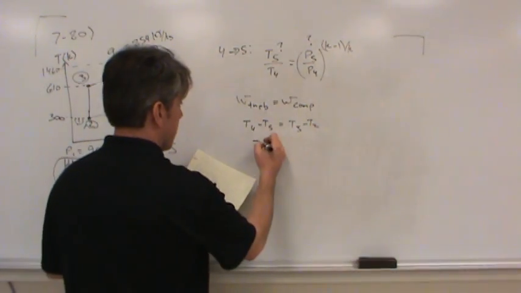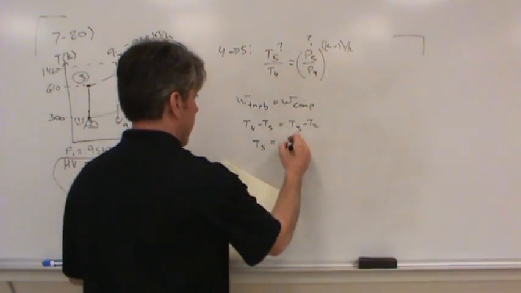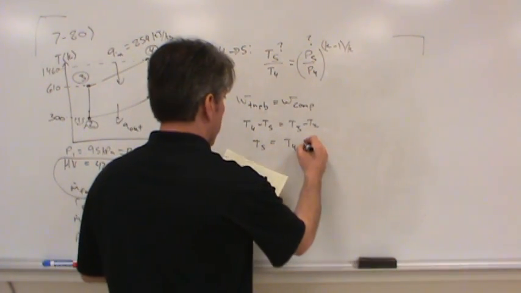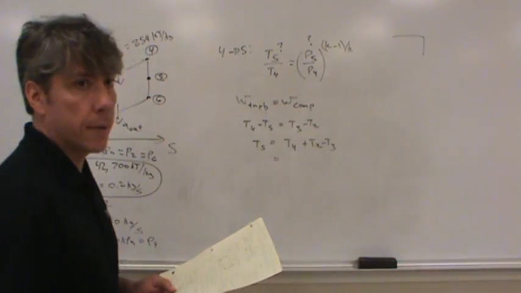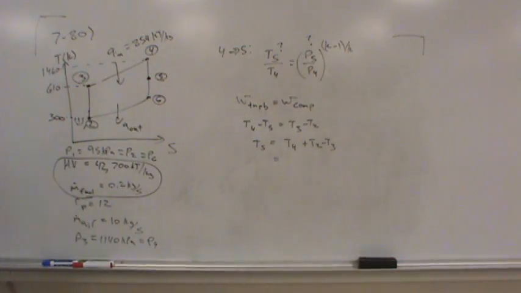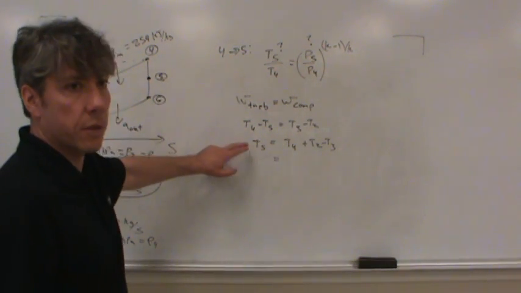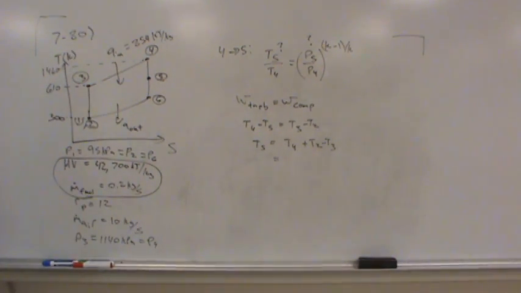So if we want the temperature in state 5, we can write it as T4 plus T2 less T3. Now, if you're looking at the cycle diagram and this cross section of the engine, you should have this equation right next to it, just so that it's handy.